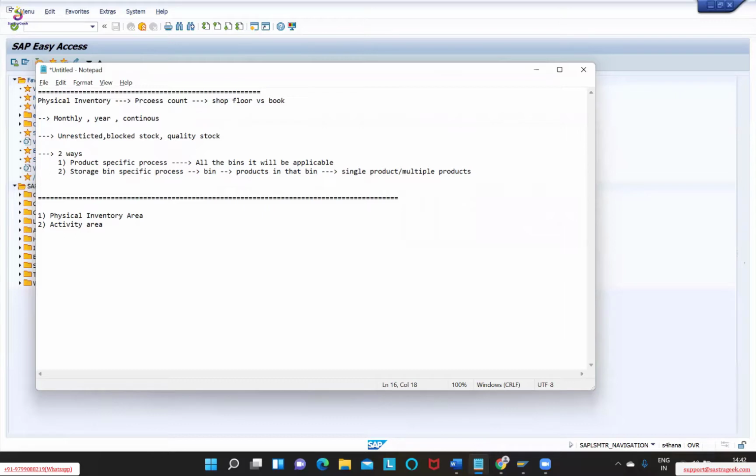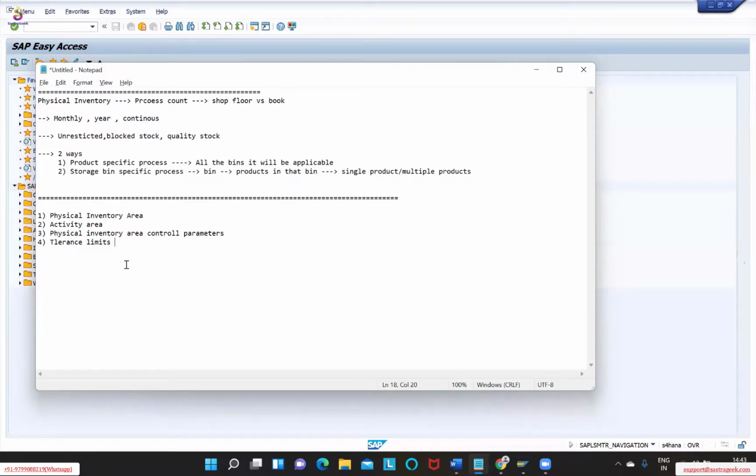We also require physical inventory area parameters, which we'll call area control parameters. On top of it, we also need tolerance limits, which we need to maintain. These are the few things we require in order to have this physical inventory counting in place.